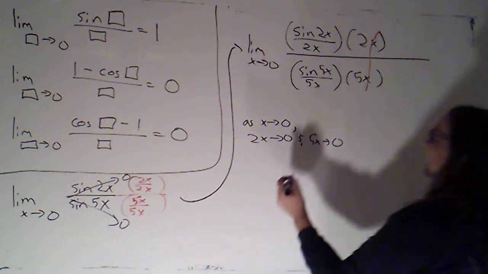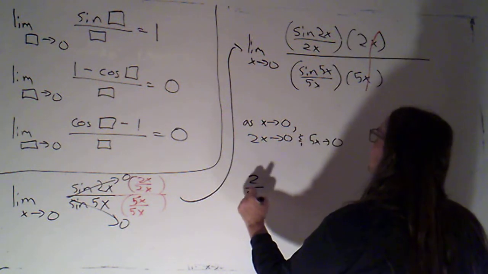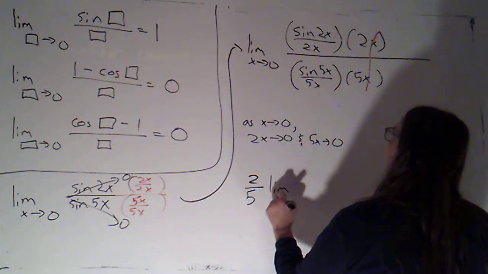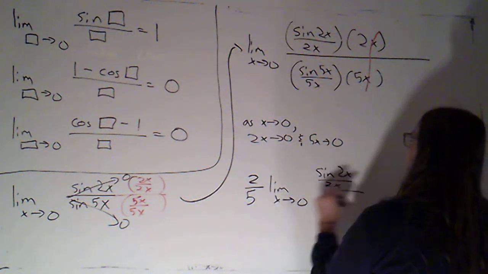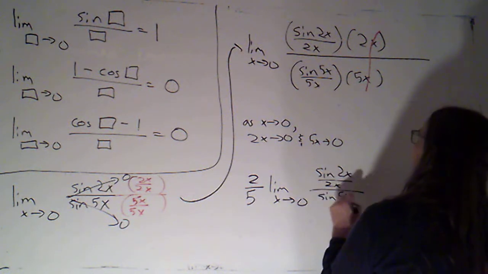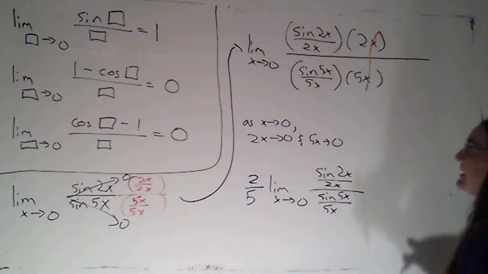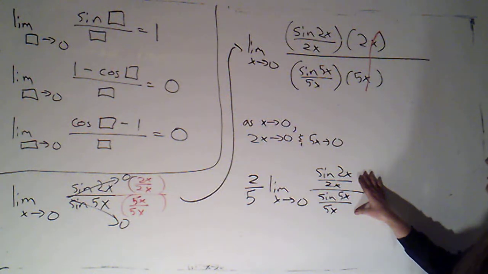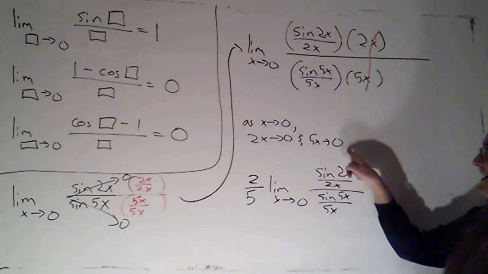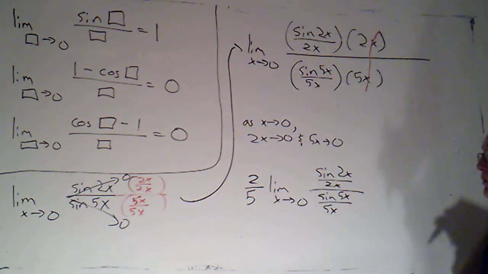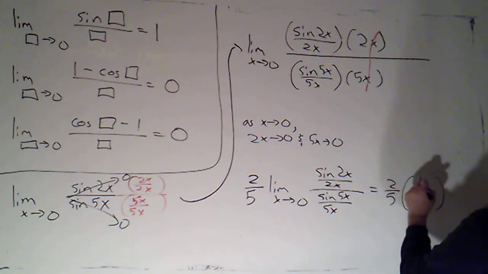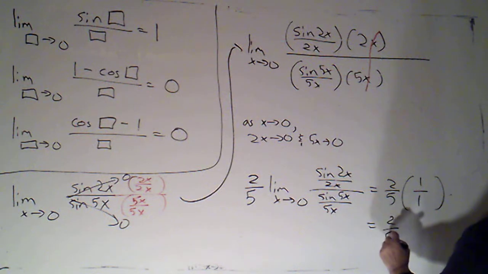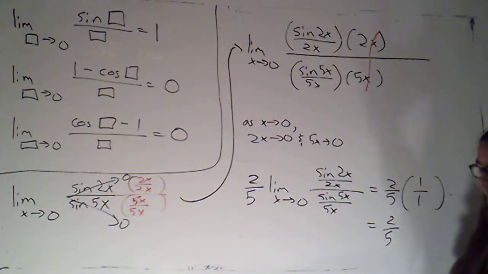So I can pull that outside, so I can say that's 2/5 limit as x goes to 0, sine 2x over 2x, over sine 5x over 5x. Each of these I can conclude goes to 1 because I've specified that I have that quantity going to 0 as well. So I can say this is 2/5 times 1 over 1, which is 2/5.